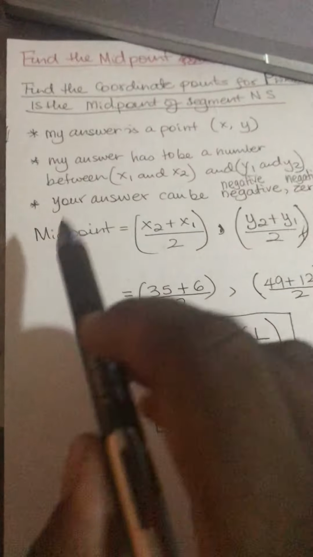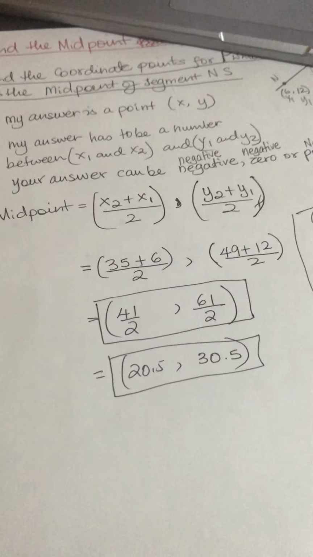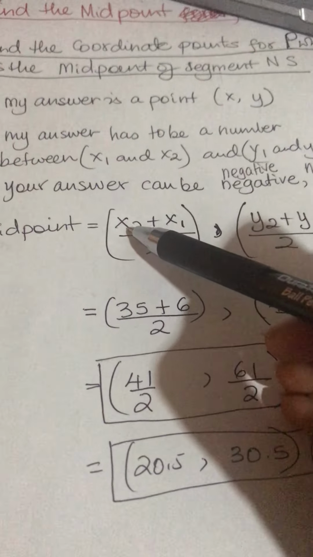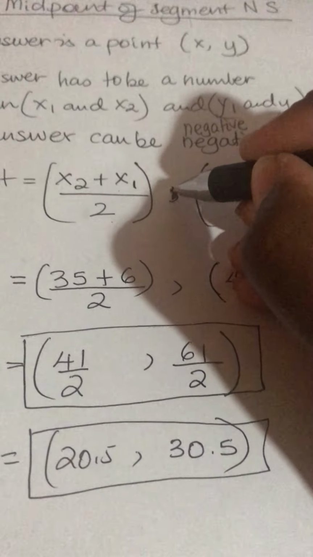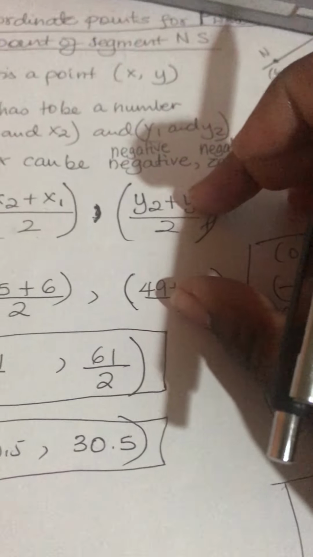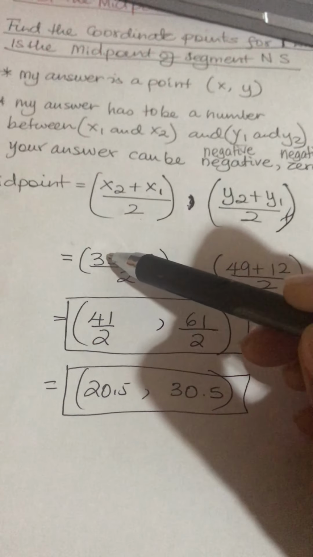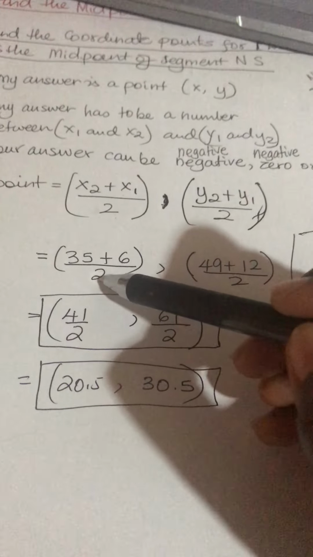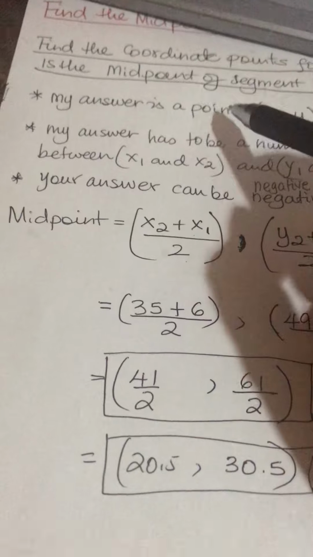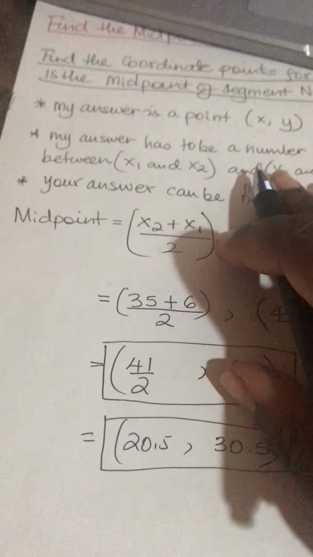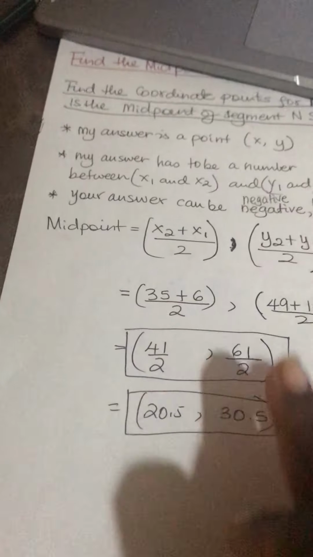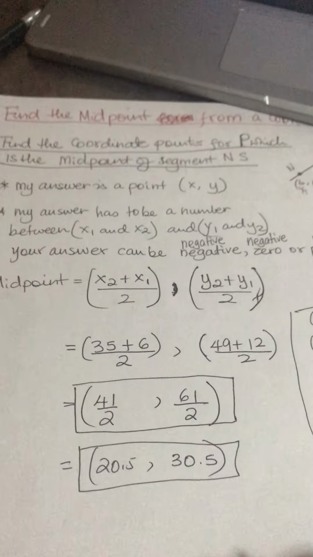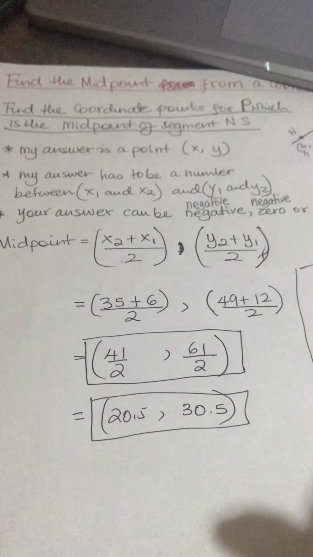All right. So here is your formula for midpoint. x2 plus x1 divided by 2. This is a comma. Because I told you it is a point. So you have to find the x's and then you find the y's. So you take your x2 and your x1 and you add them and you divide it by 2 because we said it is the half point. The midpoint is the half point between your line. Okay?